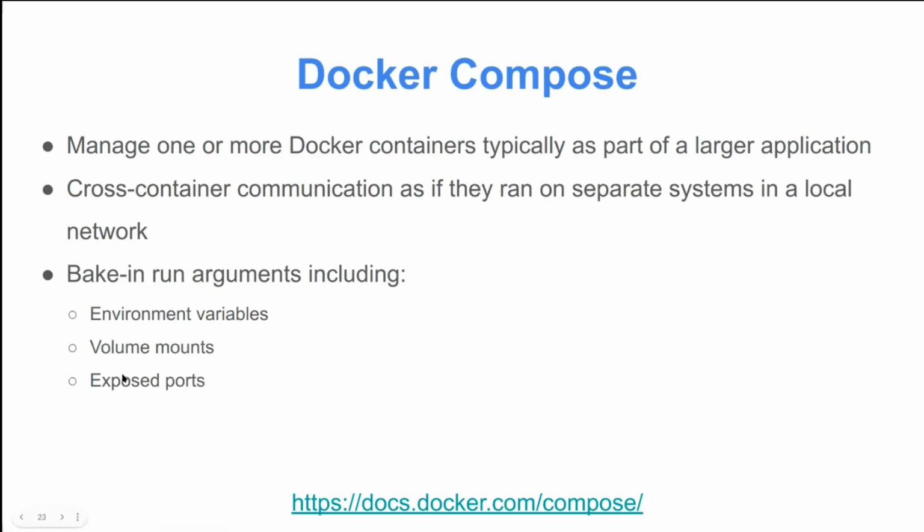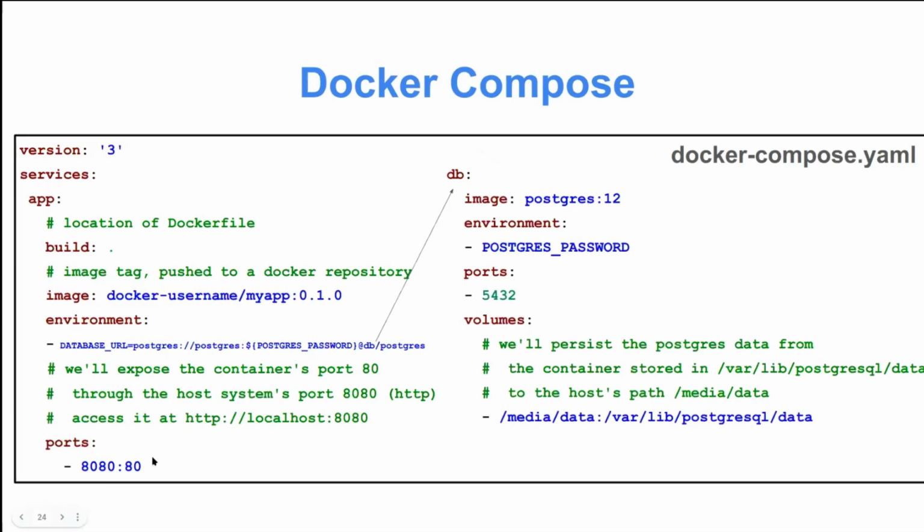And there's other parameters that you might need to put in, including environment variables and expose ports. Again, the docs for Docker Compose are linked here, and they have a more detailed guide and usage instructions for Docker Compose.